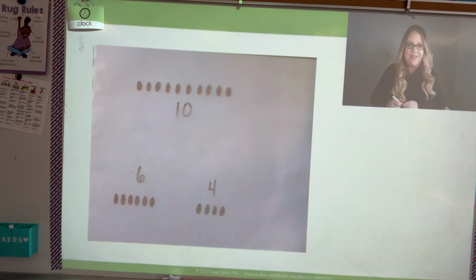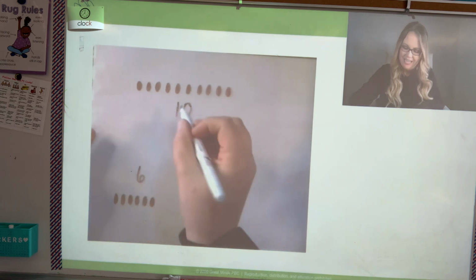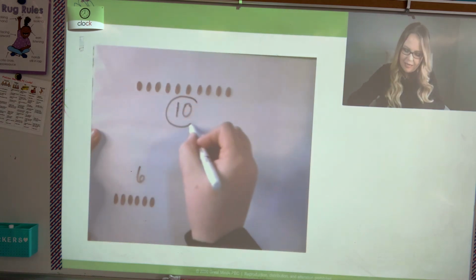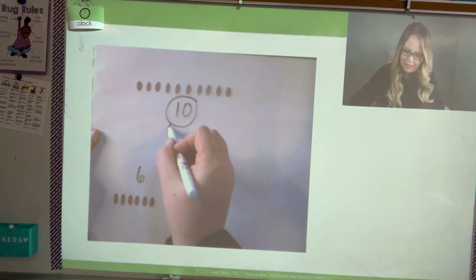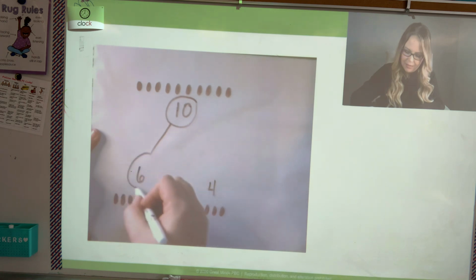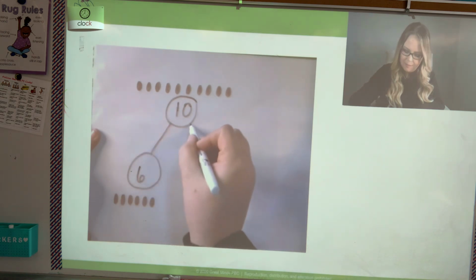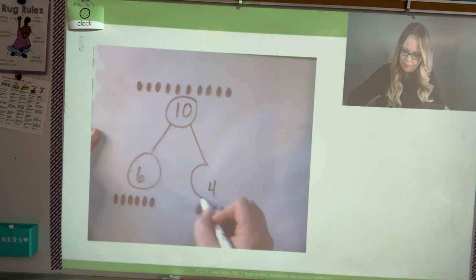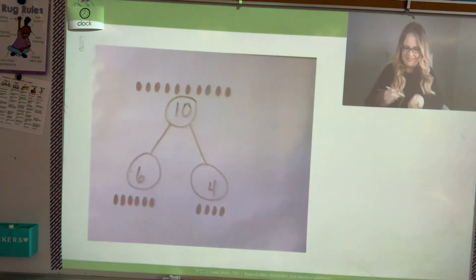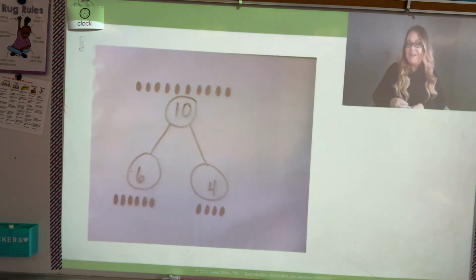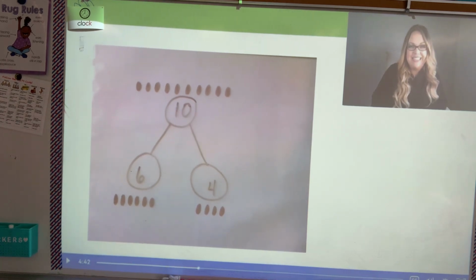You can watch me first. Watch her first, so you make sure you know what she's doing. Oh, look at that. Now go ahead and push pause and make your number bond. Okay, you do it too, just like she did.